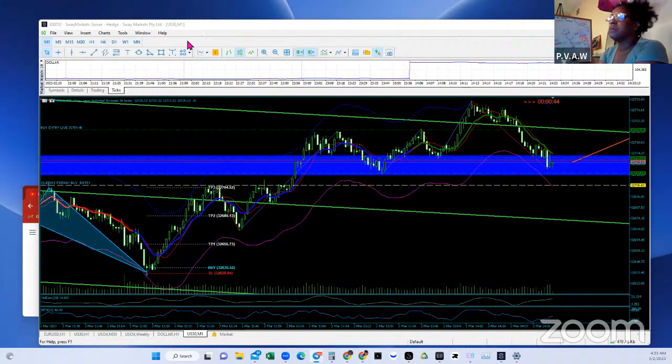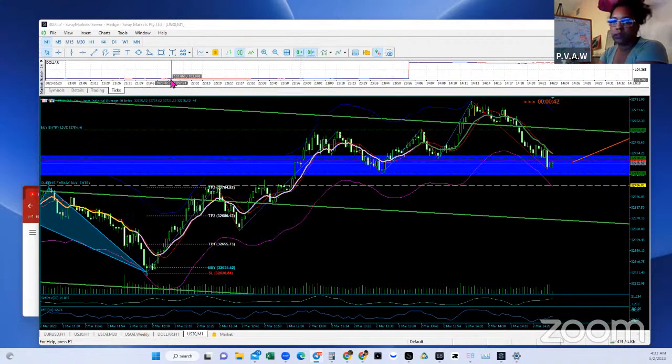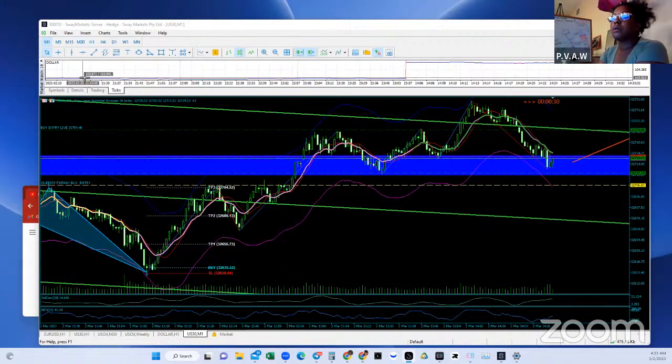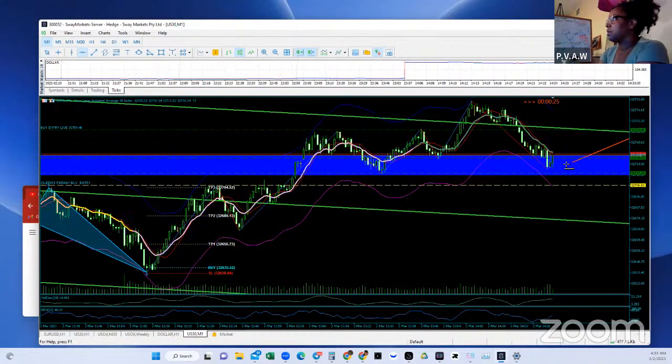It was 32706. Is that the entry we got? Yep, 3270680. I told you guys this would be a good demand area for a buy, 3273001.